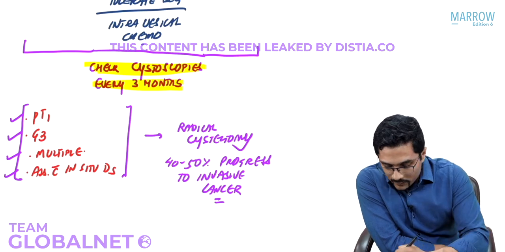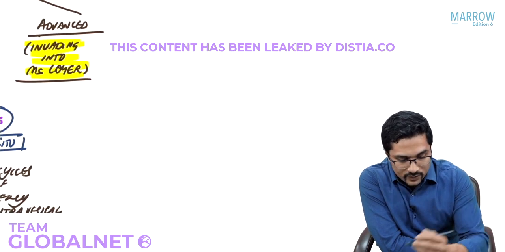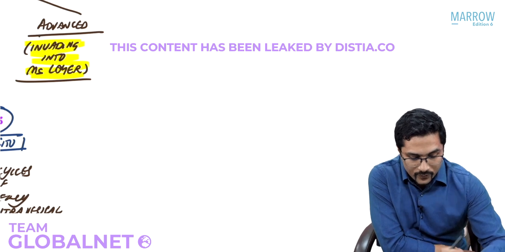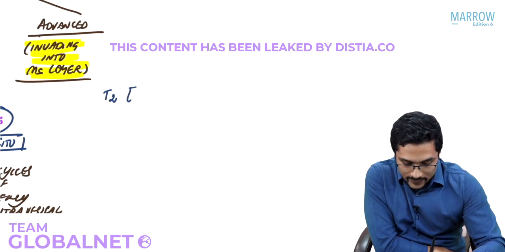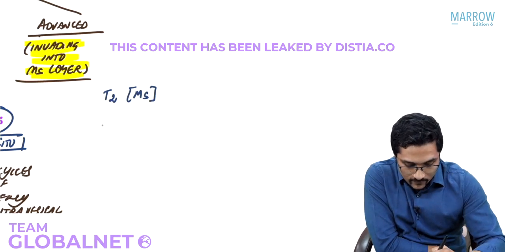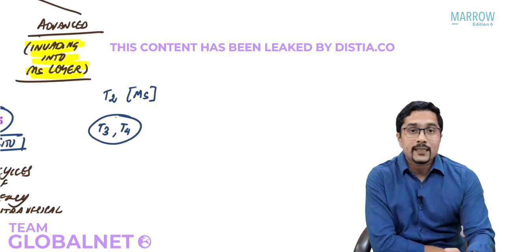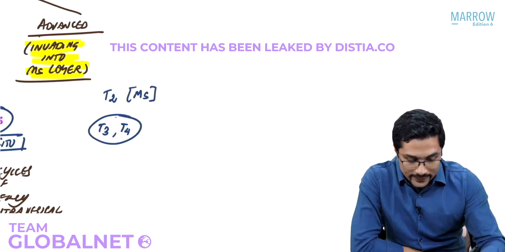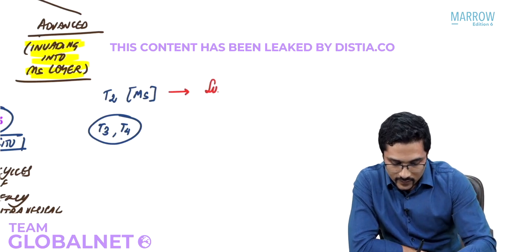Now, this was the management of superficial bladder cancer. How do we manage advanced bladder cancer which is infiltrating into the muscle? So T2 is when it is muscle invasion, and T3 is perivesical, T4 is when adjacent structures are involved. Now for T2, we can carry out surgery up front.